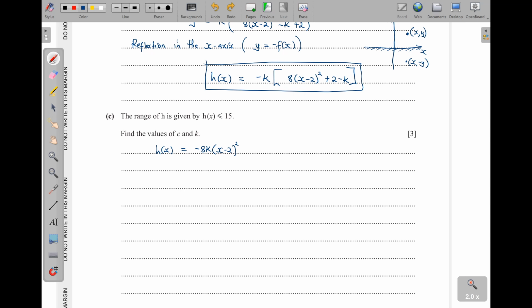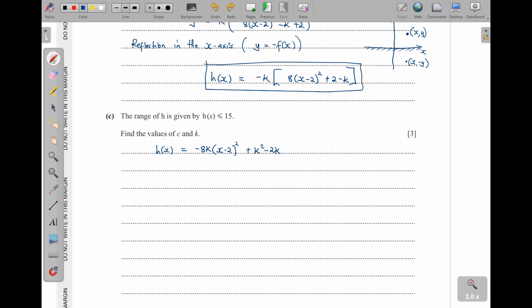We are going to have positive k squared, then minus 2k. Now when I open the brackets here, remember they said k and c were positive constants. So when I expand this one, I will again multiply by the negative 8k. That means the coefficient of x squared is negative.